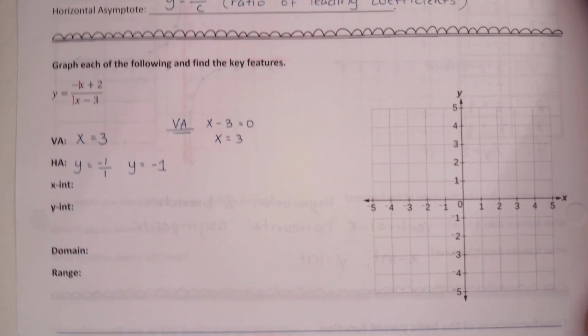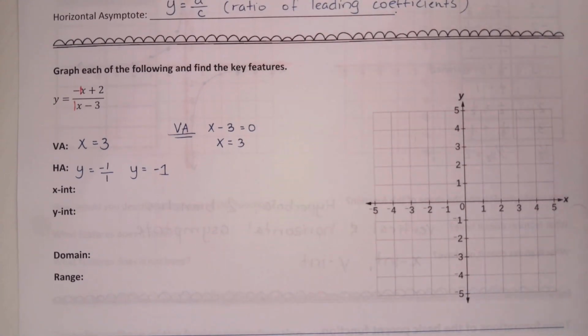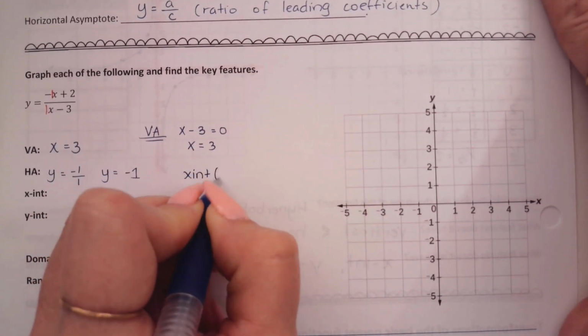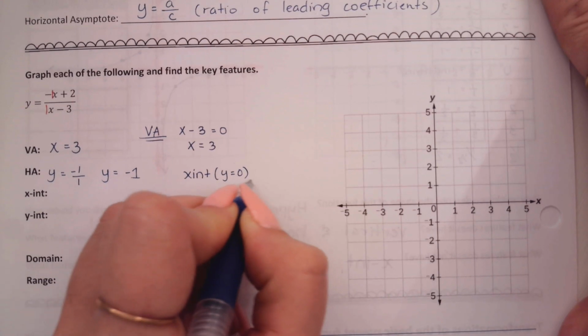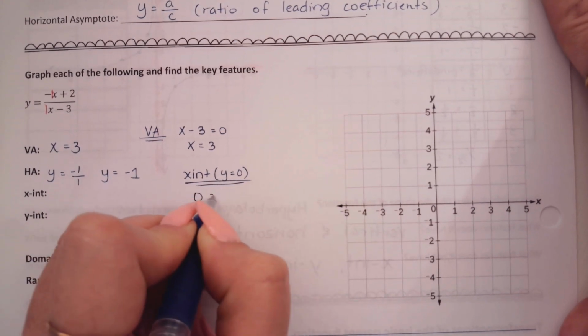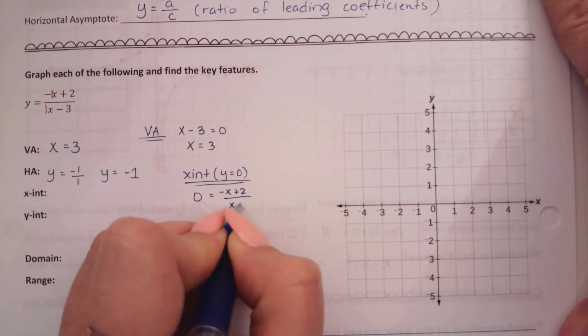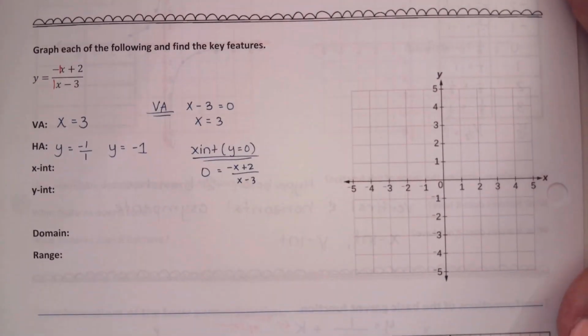And my x-intercept. How do you find the x-intercept of any function in the whole entire world? Set y equals 0. For my x-intercept, that's when y equals 0. I'm going to say 0 equals -x plus 2 over x minus 3. How would I solve this for x?